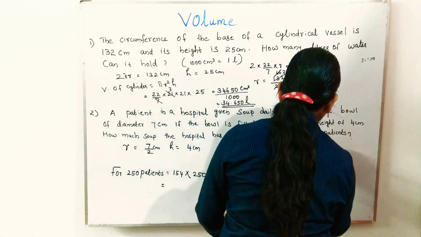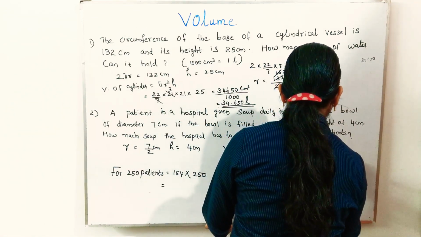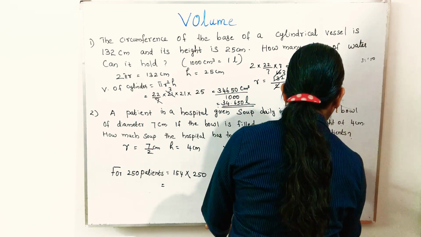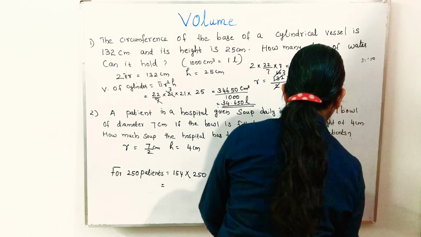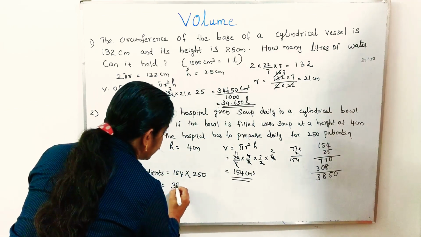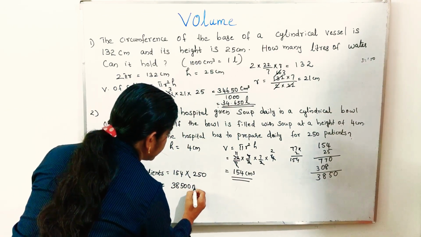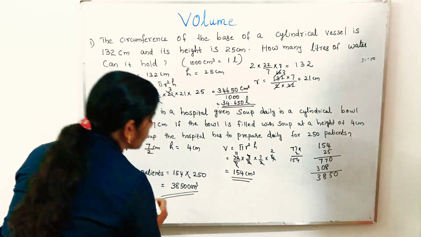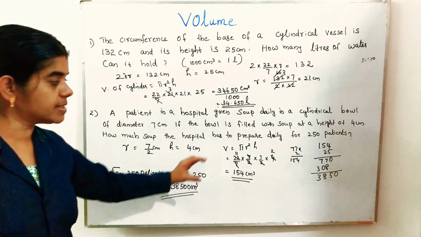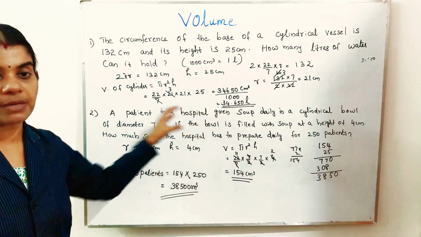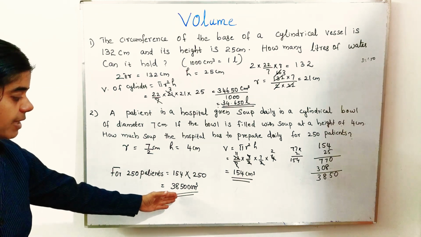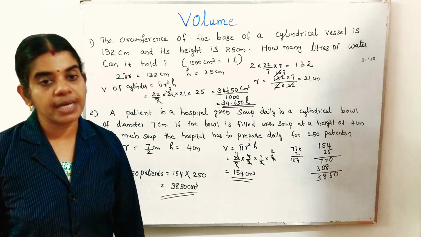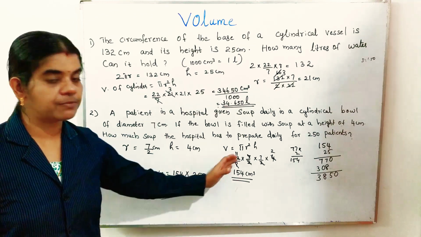You get 38,500 centimeter cube of soup to prepare for 250 patients. If you want to get this answer in liter, you divide it by 1000. So 38.5 liter of soup is to be prepared for the 250 patients.